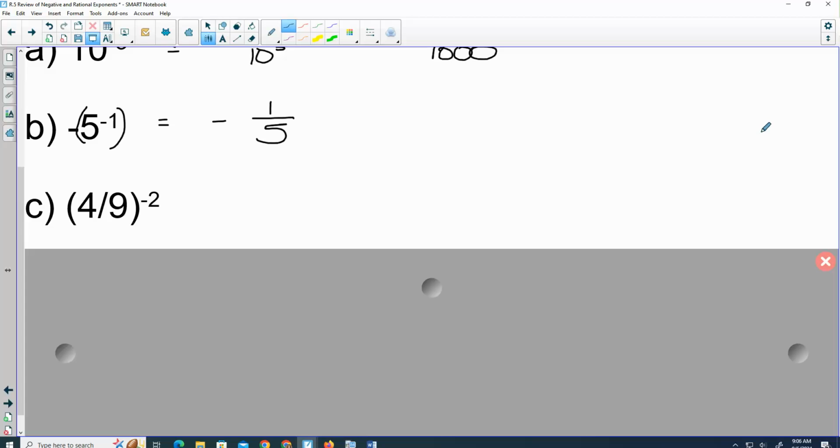You just flip it. So instead of 4/9, it becomes 9/4. And then since I flipped it, it is now a positive 2 power. Alright, so 9 squared is 81, 4 squared is 16, so 81/16.